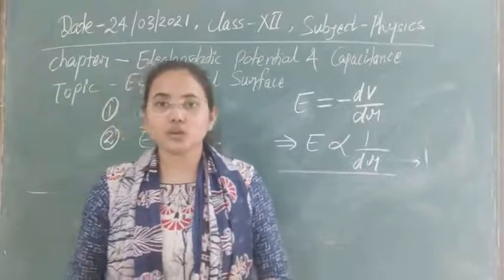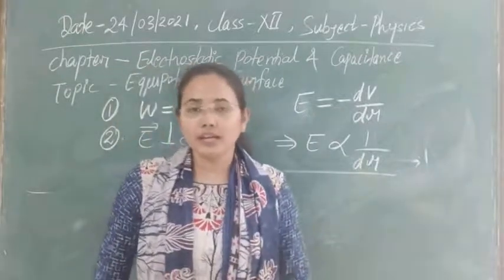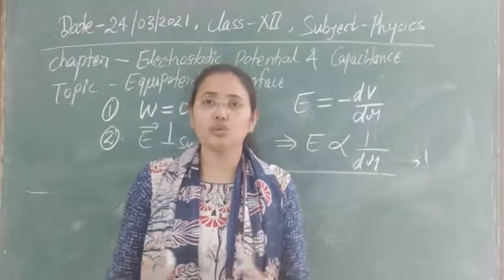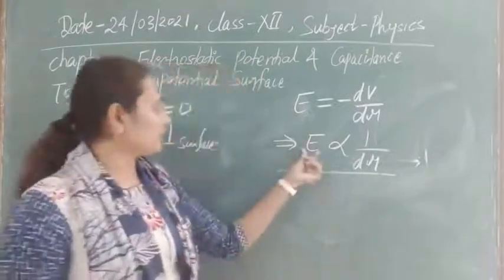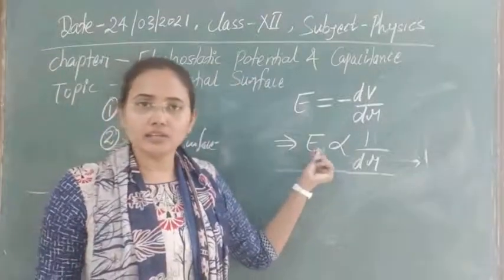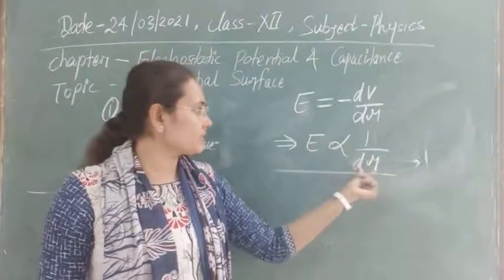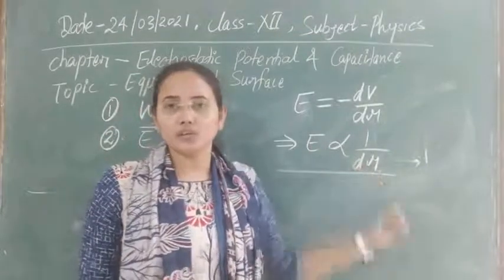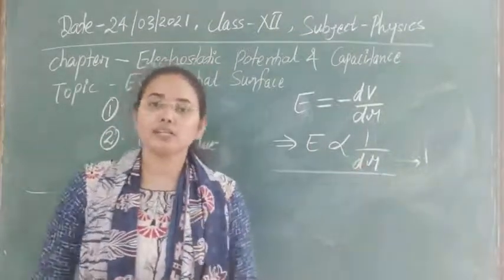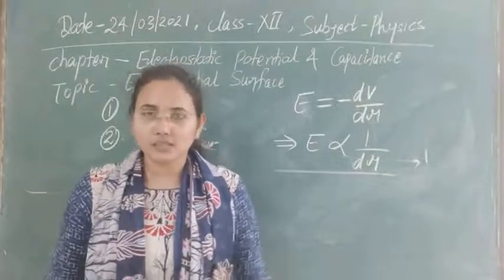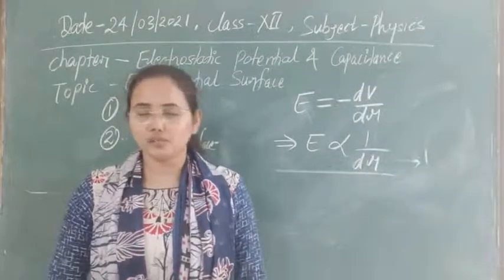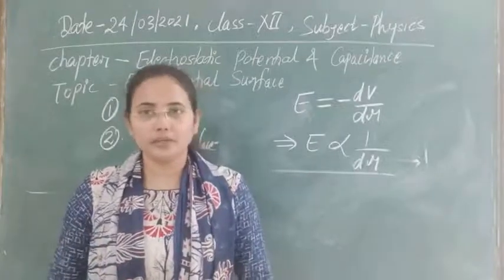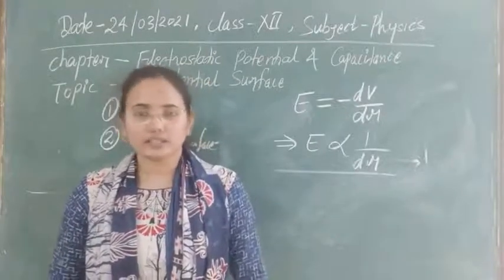So in a strong or intense electric field, these equipotential surfaces will come closer to each other, and when the strength becomes weak, obviously its value is decreasing, so dr will increase. It means the distance between two equipotential surfaces is increasing, so the surfaces will go further apart from each other. So we can prove it easily.